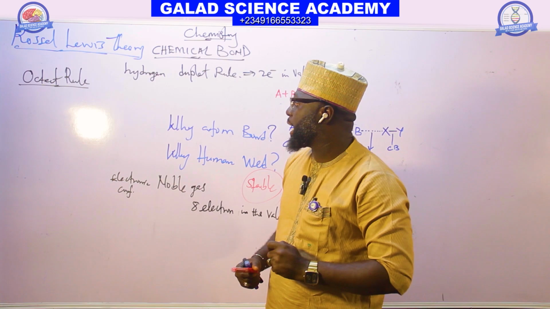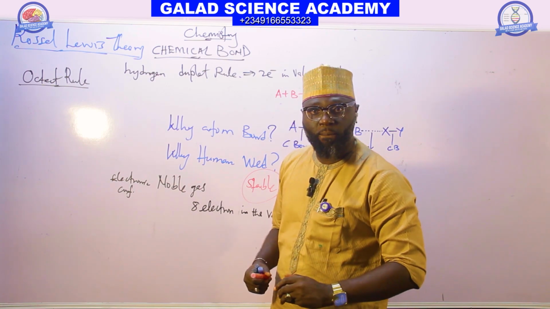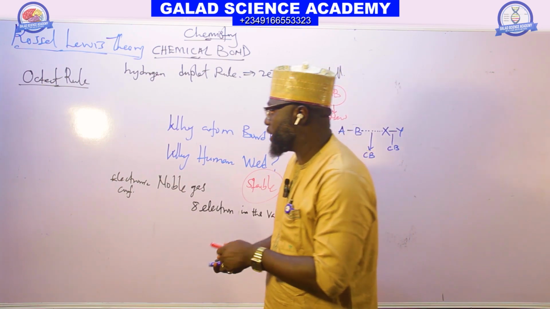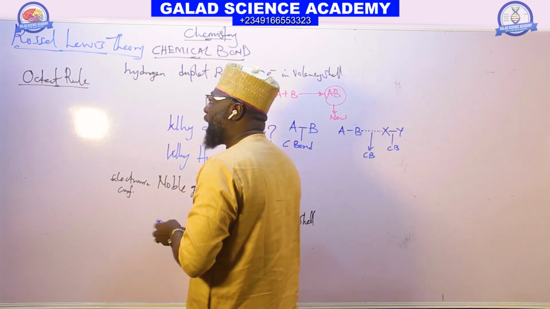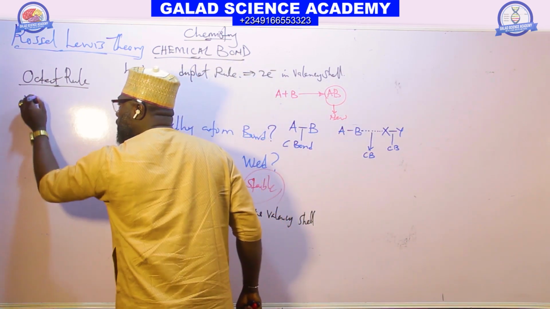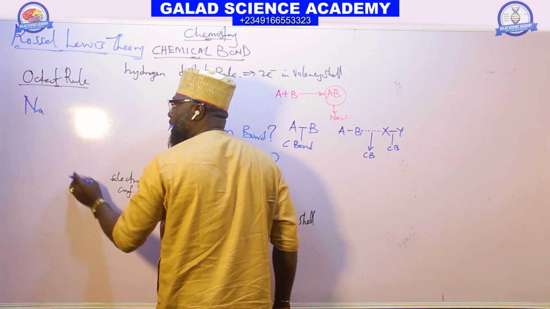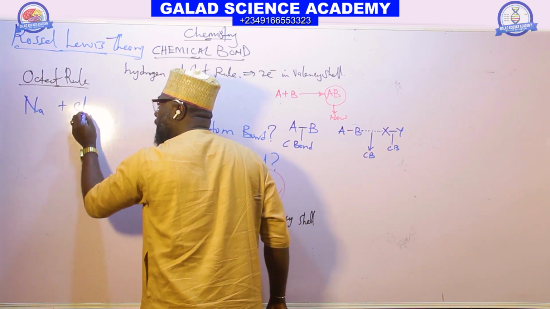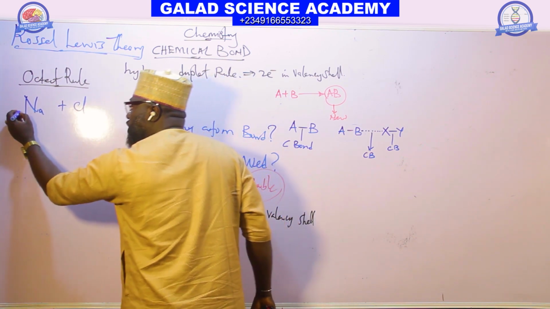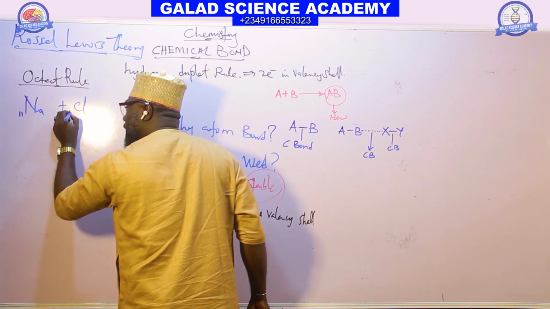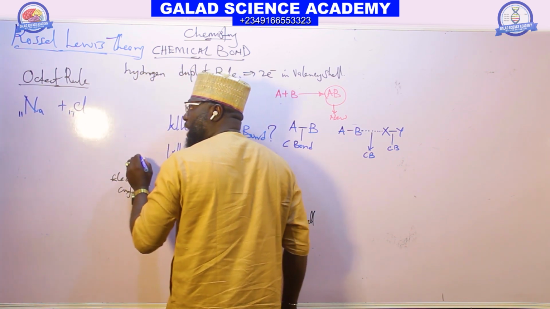Let me take sodium and chlorine as a case study. Assume we have sodium, Na, reacting with chlorine. The sodium atomic number is 11, chlorine is 17.